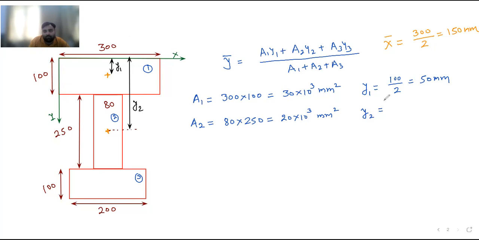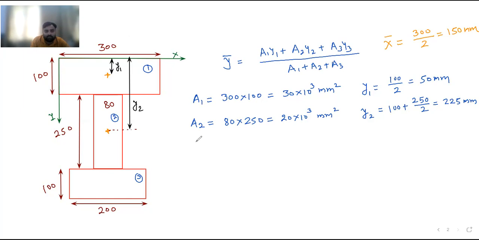Here your y2 will be 100 plus 250 by 2. 250 by 2 is 125. 125 plus 100, it is 225 mm. Okay.